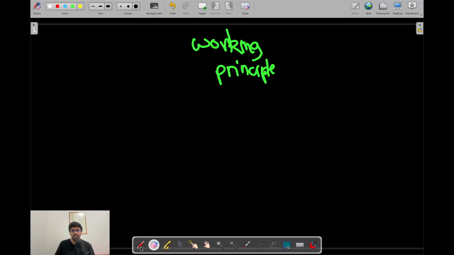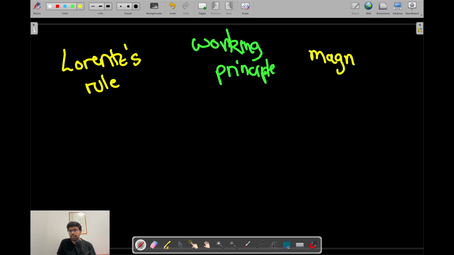Now that we have understood the Lorentz force, I will write it here. Lorentz rule, my bad, not Lorentz force, Lorentz rule. And now that we have understood magnetic induction, we go to the working principle of an electrical motor.